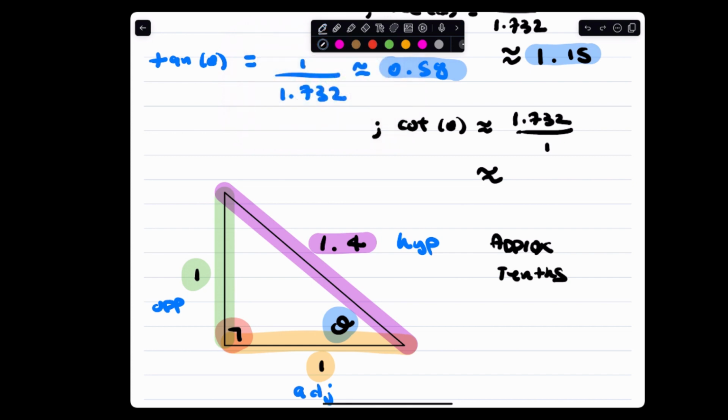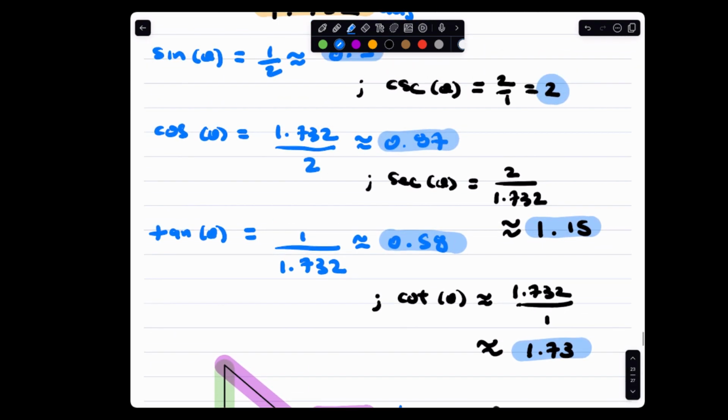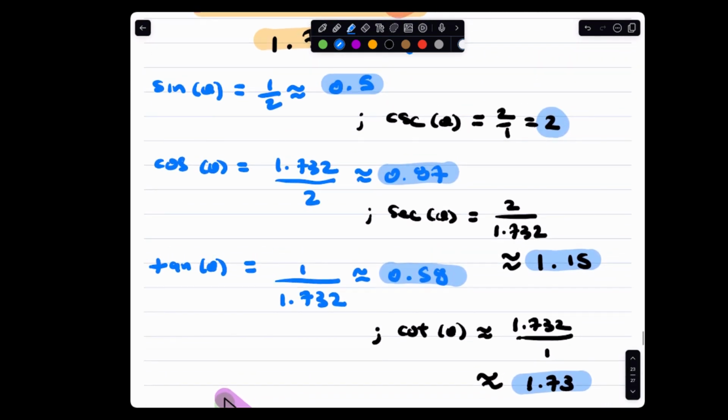Okay. There you go. What do you guys think? Easy peasy lemon squeezy?